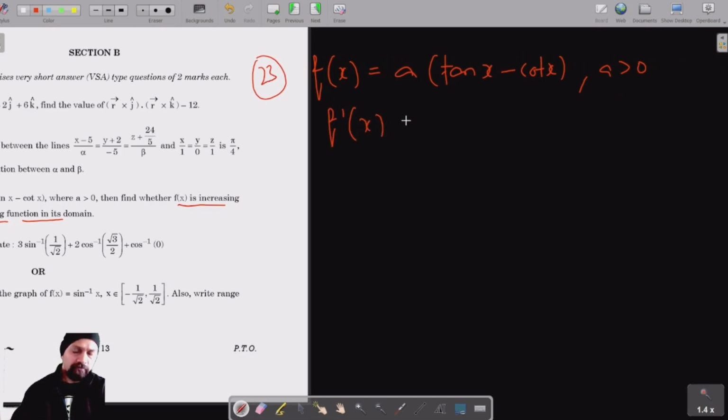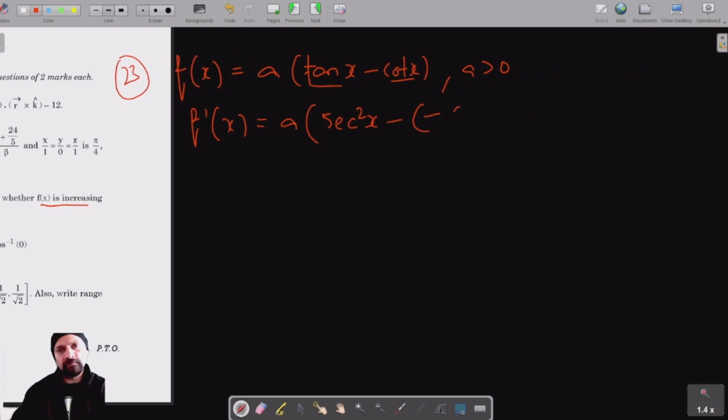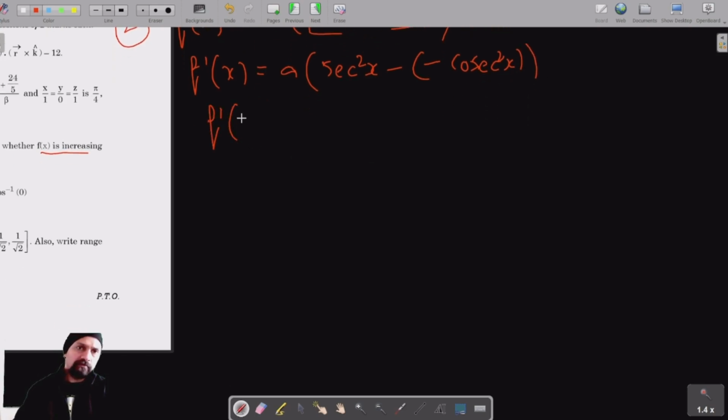So for that, we have to find the first order derivative. So it's a, and differentiation of tan is secant square x, minus differentiation of cot is negative cosecant square x, which gives us the first order derivative equal to a into secant square x plus cosecant square x.